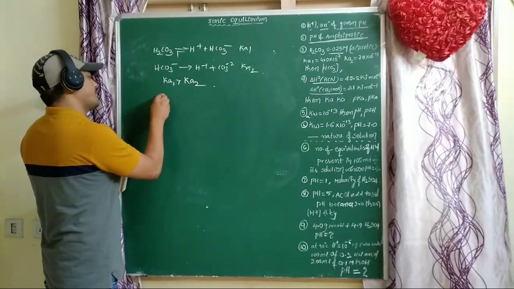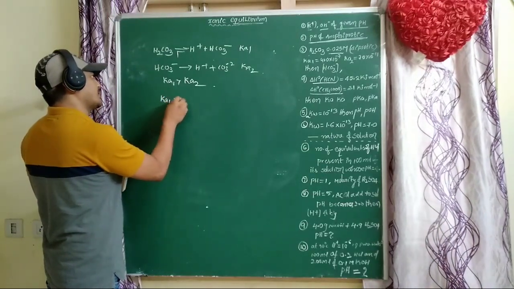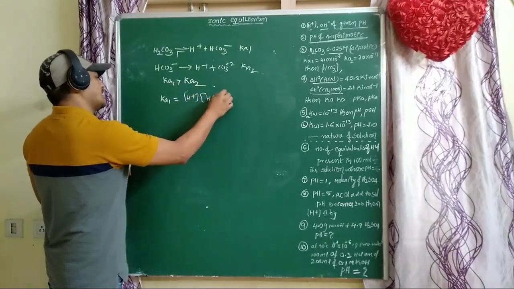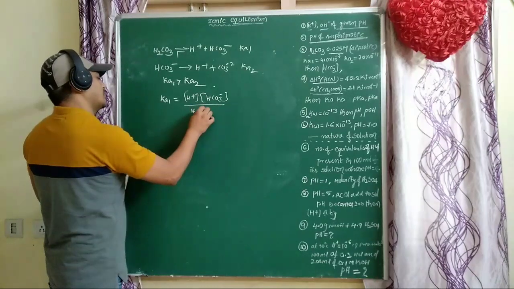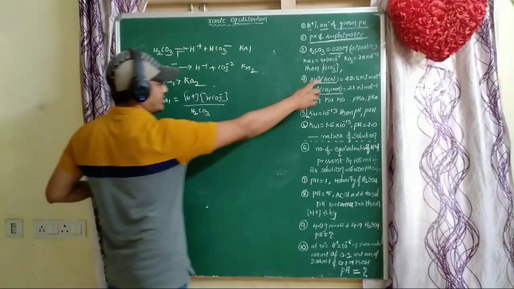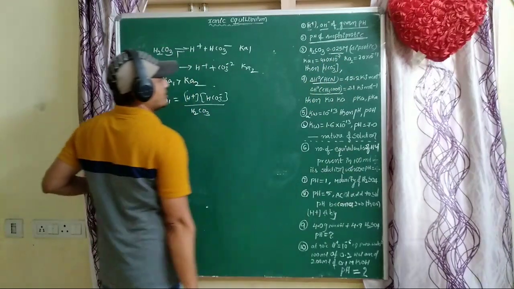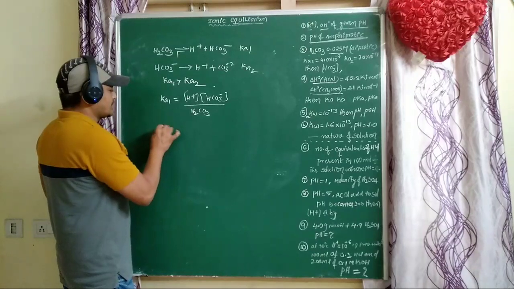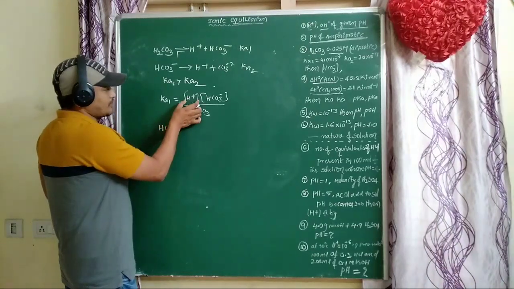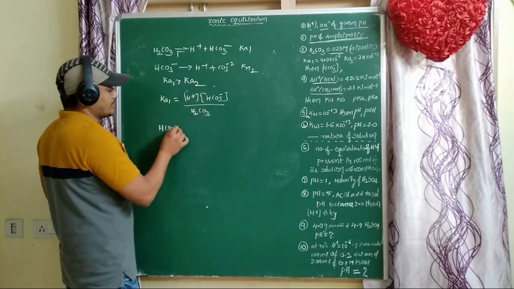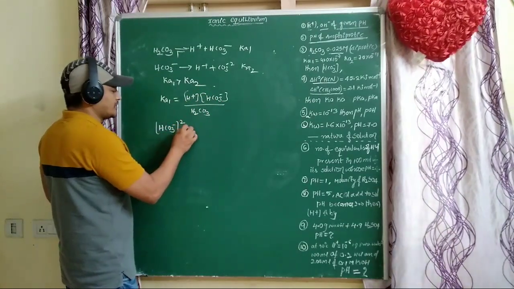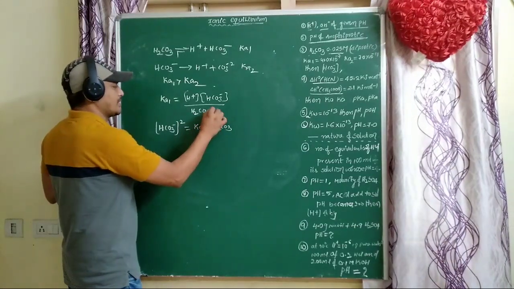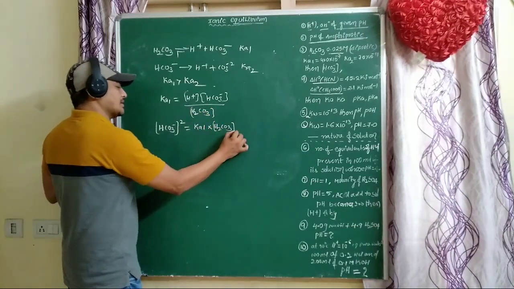Next, the equilibrium constant Ka1 equals H plus concentration times HCO3 minus concentration divided by H2CO3 concentration. Here the H2CO3 concentration is given in this problem as 0.025 M. So H plus concentration equals HCO3 minus concentration, so HCO3 minus whole square equals Ka1 times the H2CO3 concentration.